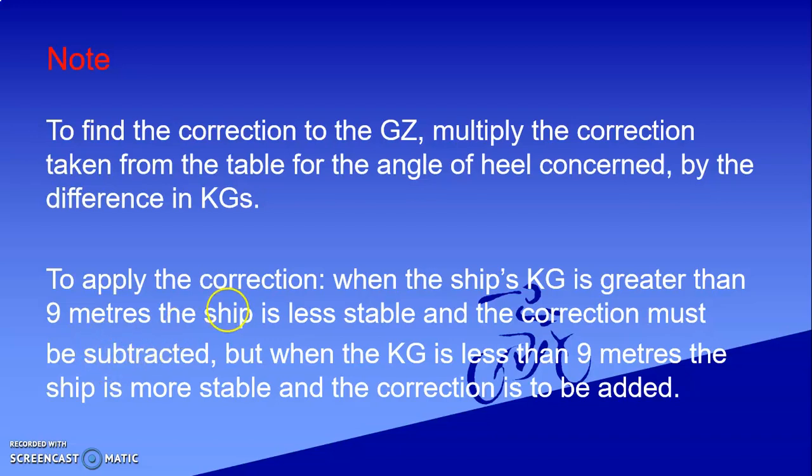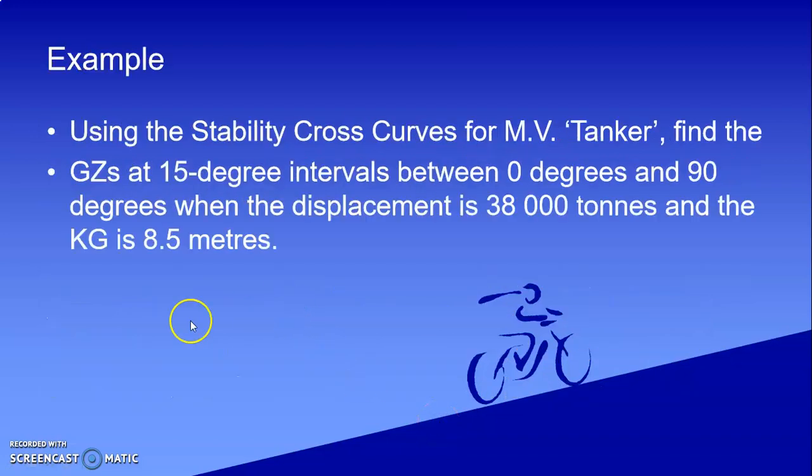But when the KG is less than 9 meters, the ship is more stable, and the correction is to be added.